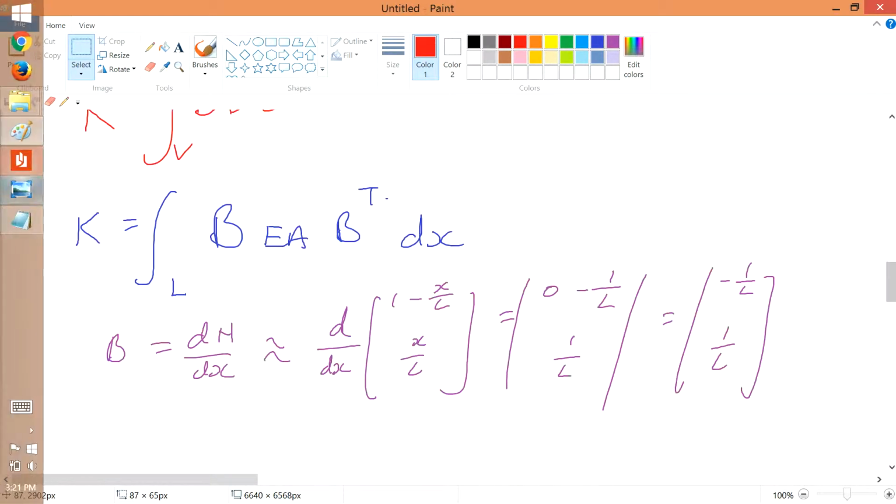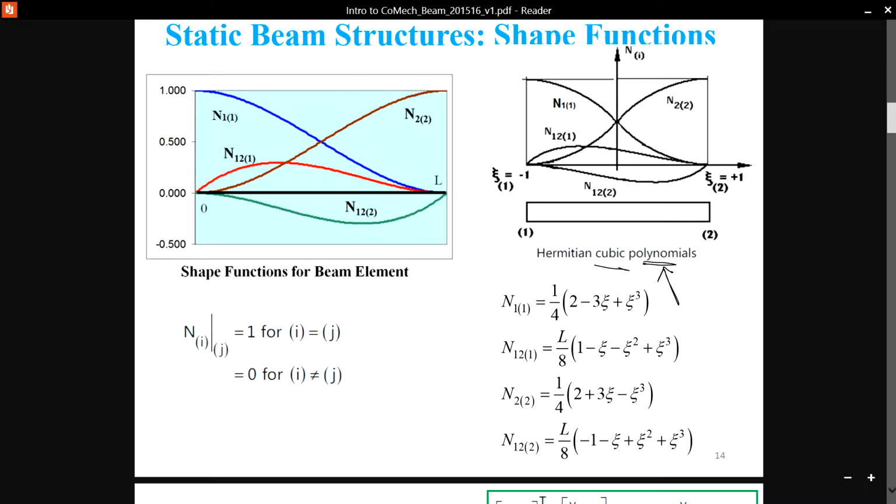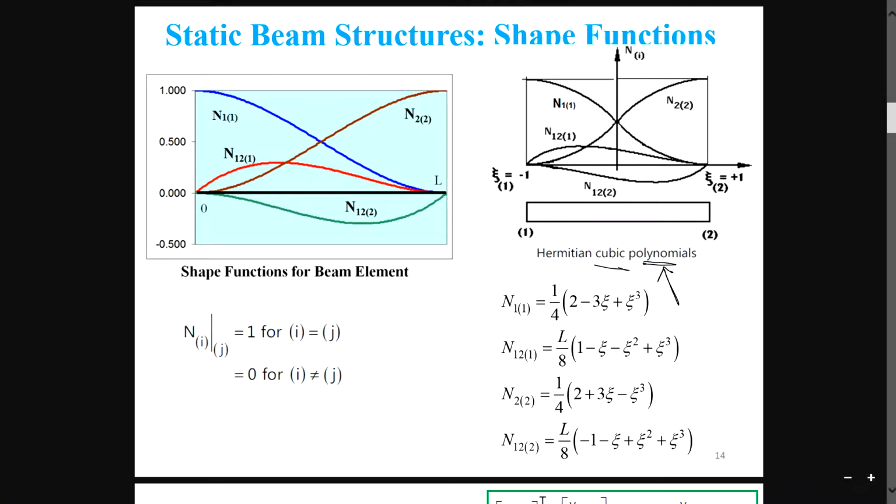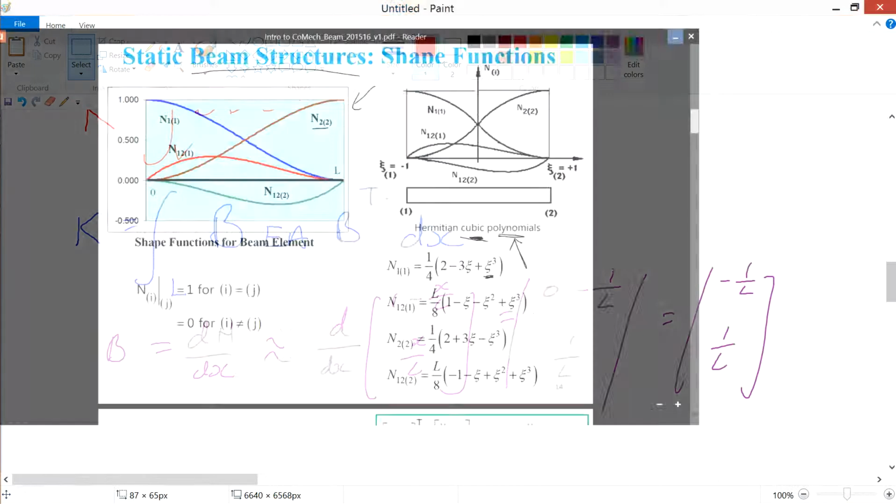And then you have to extend it to other stuff. If you still remember, this is the shape function. Not remember, but just to show you the beam structure, which later on we will derive. As you can see, these are all the lines already. Your shape function is going to change. Your N2, because of different magnitudes, is going to change. But in fact, this is more in terms of the cube itself, because it's in terms of a cubic polynomial. So the line itself isn't just a line anymore.